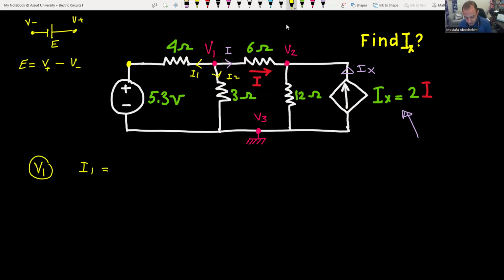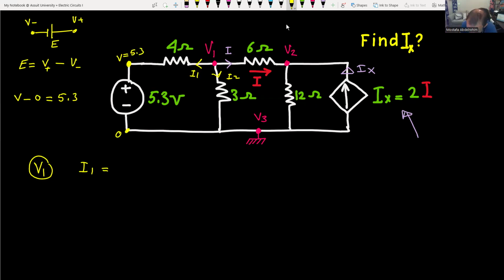That's exactly what we're going to do here. We have 0 here, and here, for example, V. So V minus 0 equals 5.3, so V is equal to 5.3.